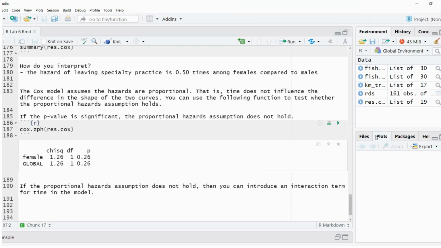From the model, what it is assuming is that the hazards are proportional. So based on this p-value, we can conclude that the hazard ratio between the males and females are not proportional. Therefore, sorry, time does not influence it. That's maybe the reason for non-proportionality.